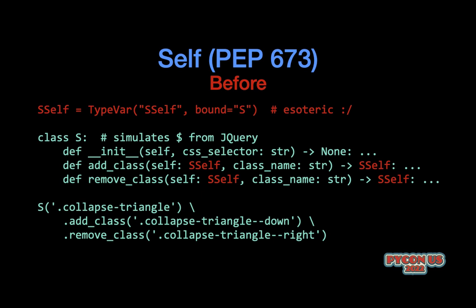You could do that with this fancy thing with a TypeVar. Well, now you can just do it directly. If a function returns the value self, you can say in its signature that it returns the type of self, and it will do all of that magic for you, which is great.